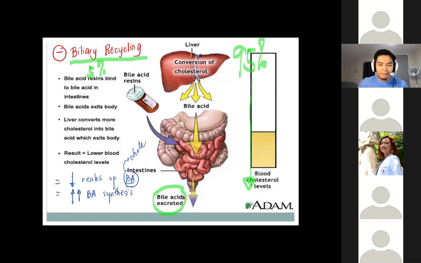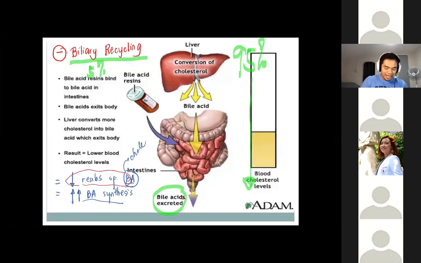Now, pag na-trigger ang liver na gumawa ng mas maraming bile acid, mas nangangailangan ba siya ng cholesterol? Yes, it will need more cholesterol. However, ito yung problema. Gawa ng bile acid ang liver, pero tinatapon ng bile acid.